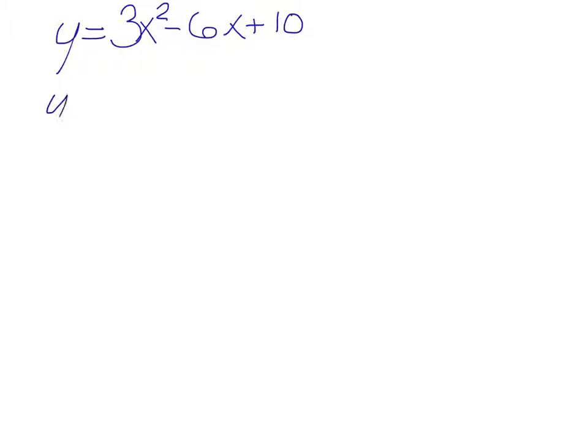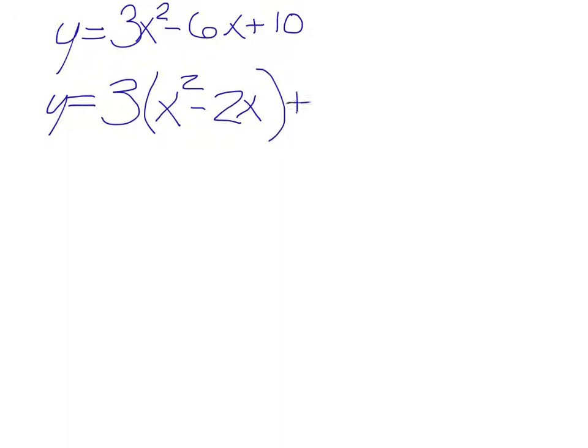Well, let's go ahead and write this out. I have y equal to 3x squared minus 6x plus 10, but I'm going to factor out a 3 from my first two terms. So I'm going to have 3 times (x squared minus 2x) plus 10. Why on earth would I want to do that?